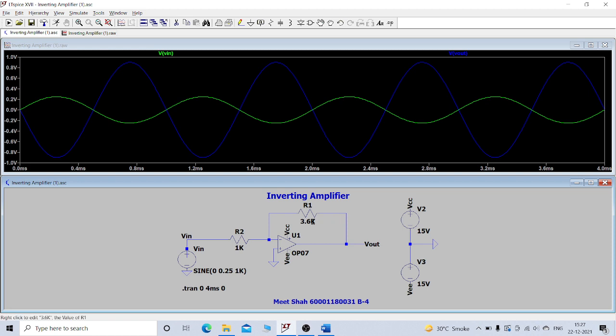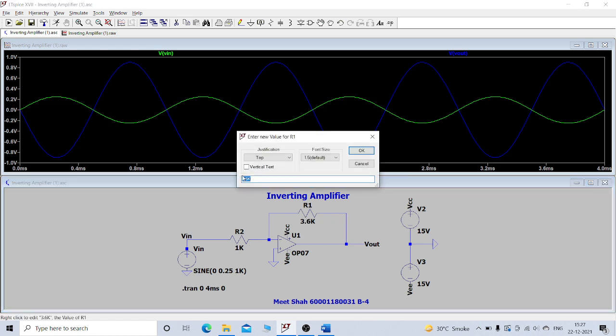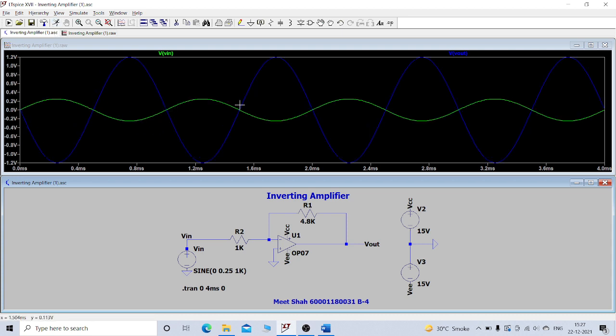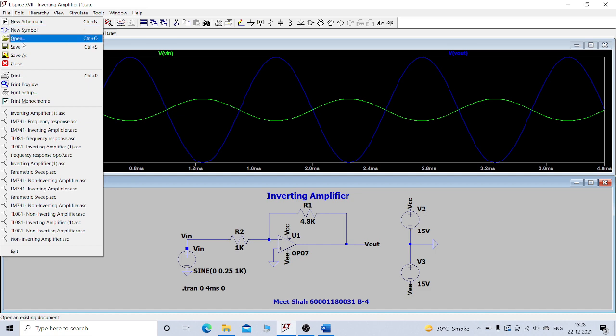Now we'll increase by 1.2, that is to 4.8K, to see what the output is, and this is the output for a gain of 4.8K. Now we'll switch to the non-inverting amplifier.